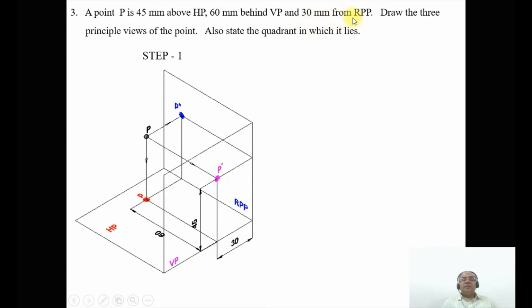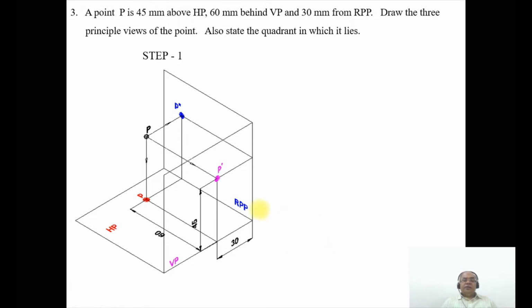As given in the condition, it is 30 mm from RPP, whether it is in front of RPP or behind RPP, that we need to identify. To identify that, the condition of the observer comes into the picture. So what is the condition of the observer? When the observer is in the front, the plane is between the object and the observer.